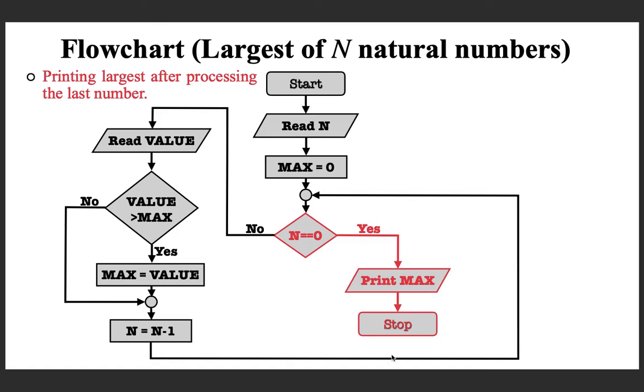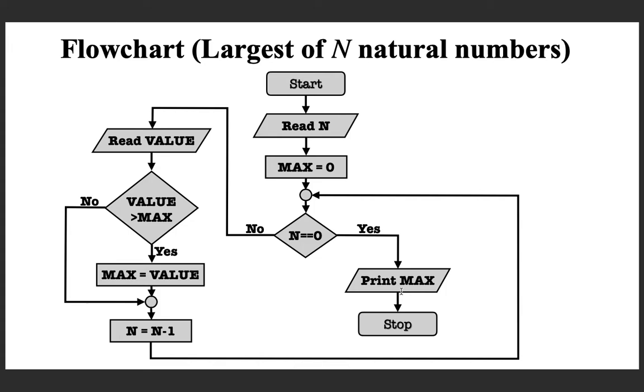You are just printing it. That is when the remaining number of numbers becomes 0, meaning all numbers are processed. Then you just print the maximum and stop. This is the algorithm that we devised, and now it is represented as a flowchart.